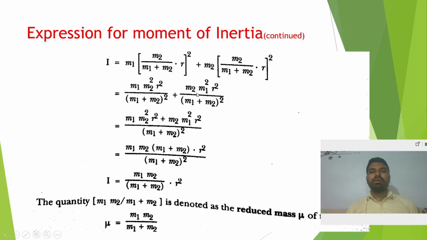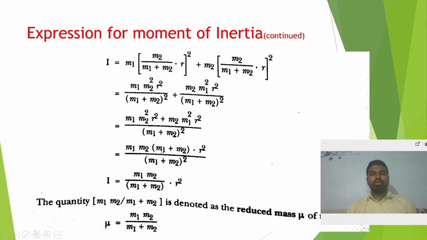And we have taken M2 as it is, then M1 square, then R square, M1 plus M2 square. Now M1 M2 square R square plus M2 M1 square R square, M1 plus M2 divided by 2. We have combined these terms, so we get this.